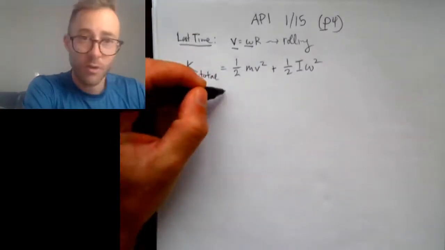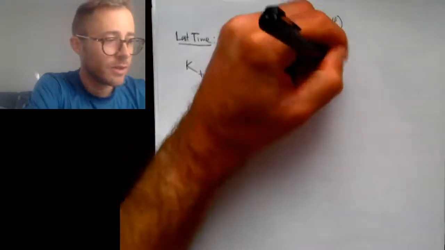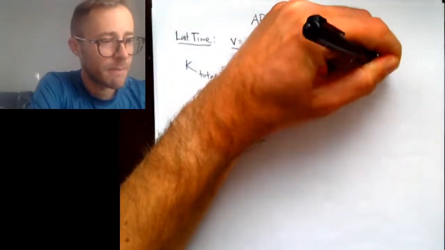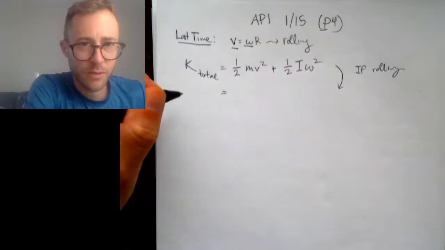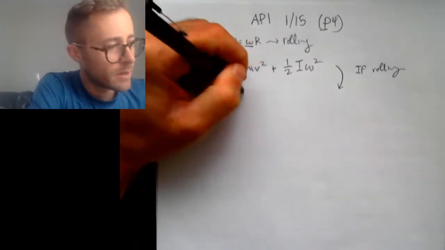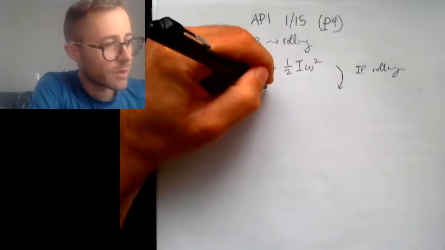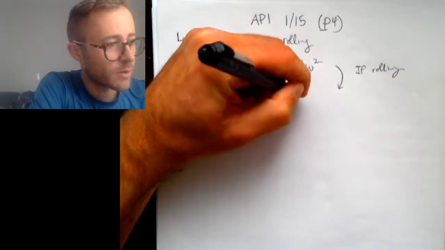Now, if you are rolling, and this is a big if, rolling, this expression simplifies into the following form: 1/2 mv squared times the quantity 1 plus I over mr squared.